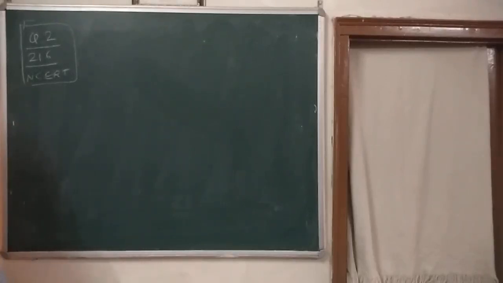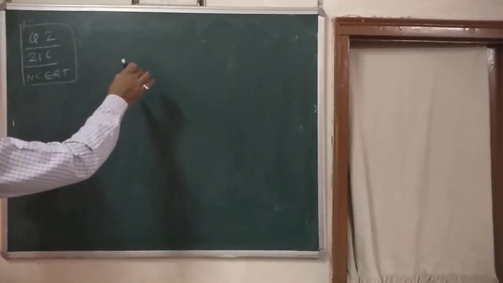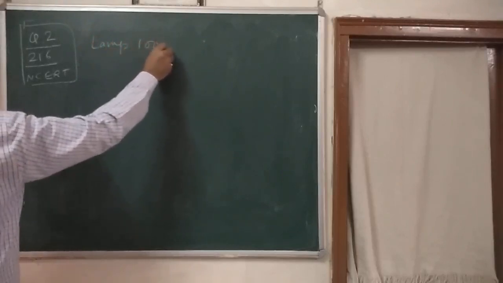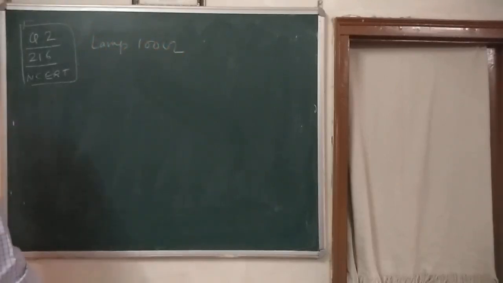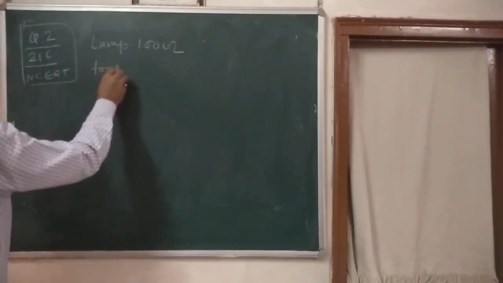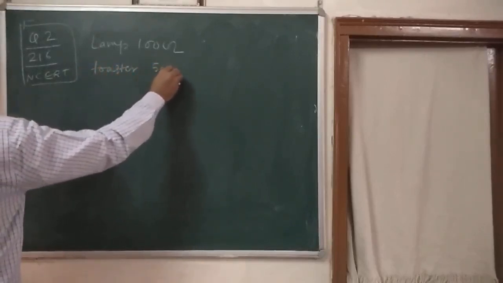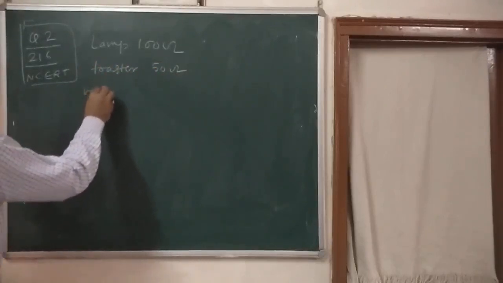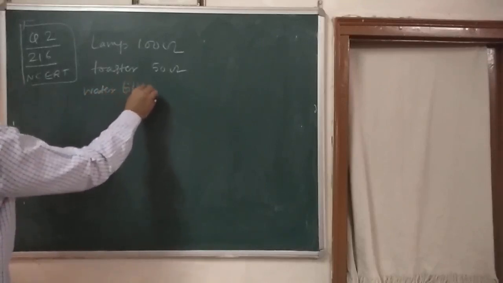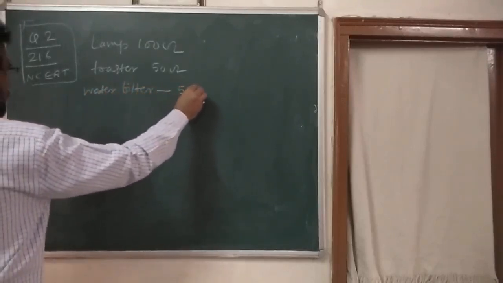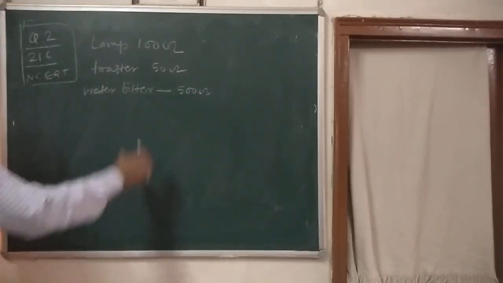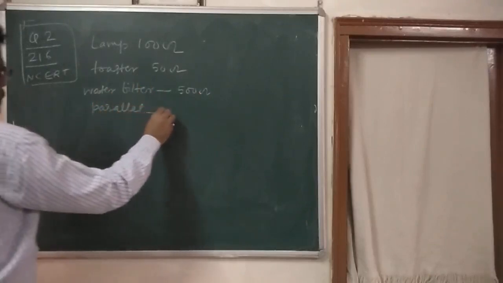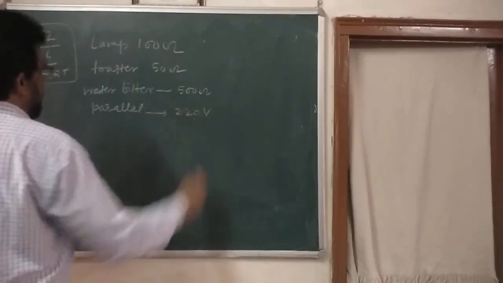Just you see first, an electric lamp of 100 ohm, a toaster of resistance 50 ohm and a water filter of resistance 500 ohm are connected in parallel to a 220 volt supply.